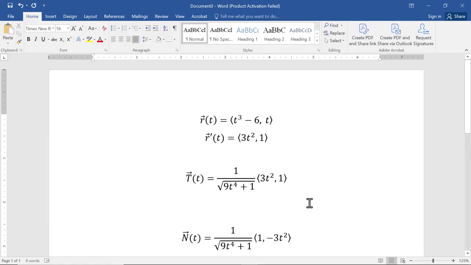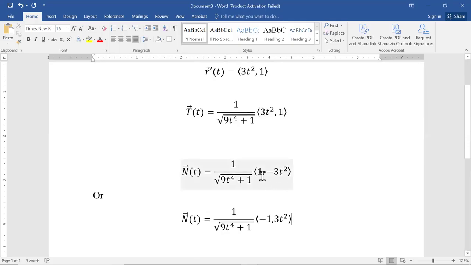But I'll graph my position function, and then I'll graph my unit tangent vector. Actually, I'll just graph a tangent vector. I'll just graph 3t squared, comma 1. And then I'll see which one of these, either 1, comma, negative 3t squared, or negative 1, comma, 3t squared, points towards the concavity.